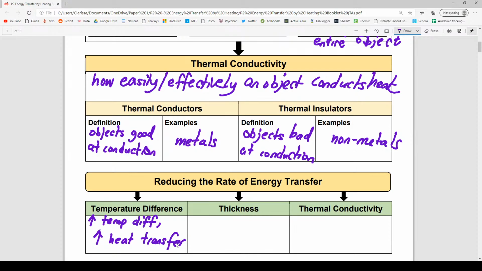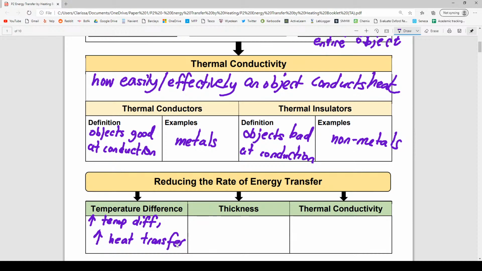Now, you can actually see this in daily life. Like for example, let's say that you touch something a little bit colder than you, like touching the table or something. Your hand would be slowly losing heat to the table through conduction, slowly losing heat energy to the table.